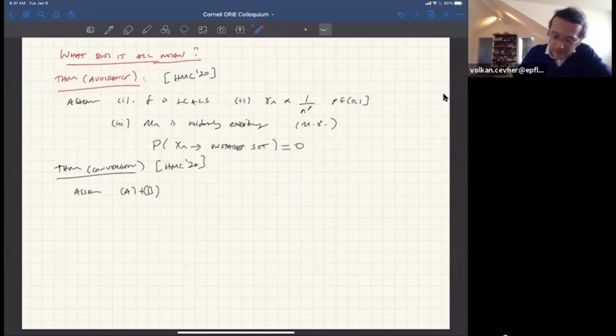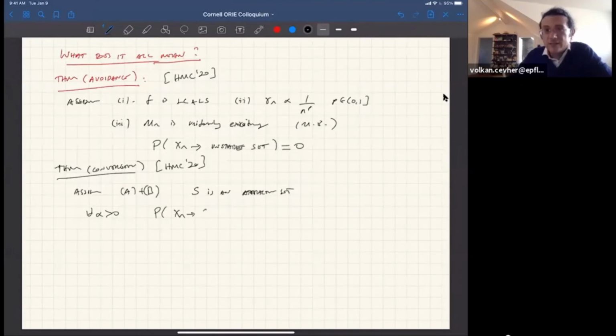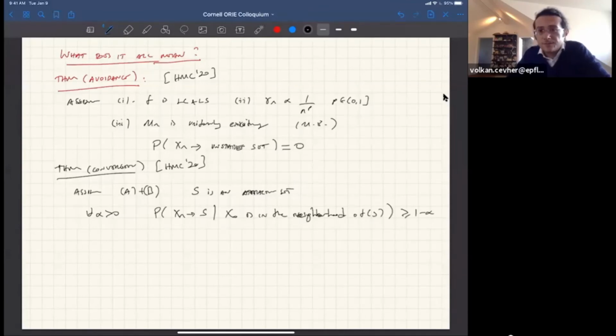So let's say S is an attracting set, right? So for all alpha greater than 0, the probability that Xn will go to an attracting set, given that X0 is in the neighborhood of S, is greater than 1 minus alpha, meaning these algorithms will go to an ICT set.